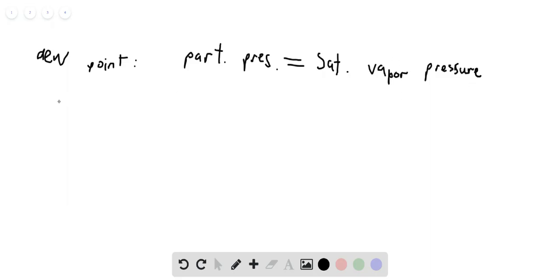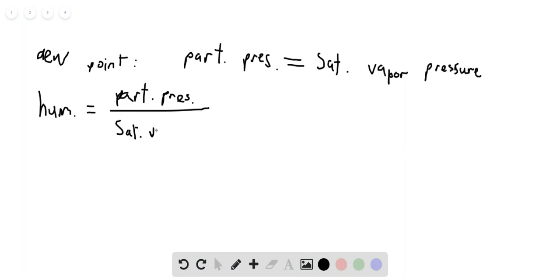But we also know that humidity, or relative humidity, is equal to partial pressure divided by saturated vapor pressure.